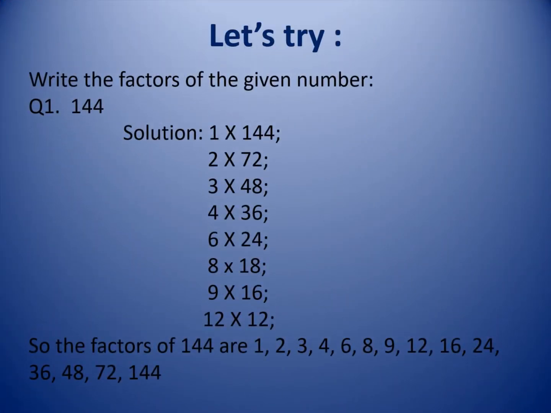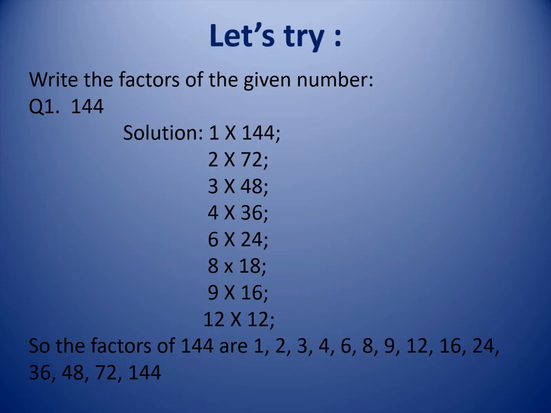Let's try out the next example, that is, write the factors of the given number. The number here is 144, yes, a bigger number. So what shall we do with these numbers to find the factors? We don't know the table of 144. So what shall we do? We shall divide in rough and find out that 144 divided by 2 gives 2 multiply 72.